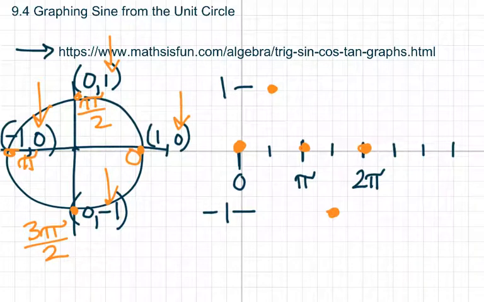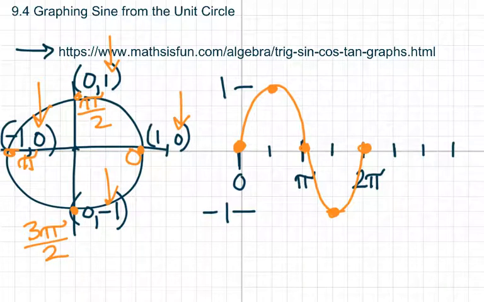Starts at 0, goes up, goes to 0, goes down. Goes up to 0, goes up, goes to 0, goes down. So what you're really looking at is this nice curve that we call a wave.